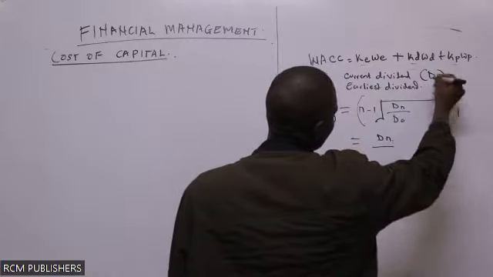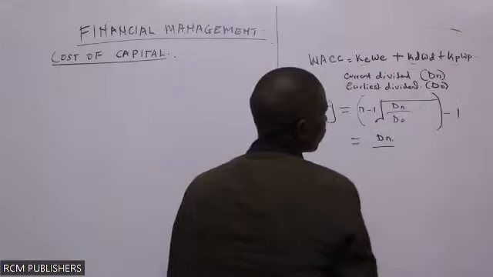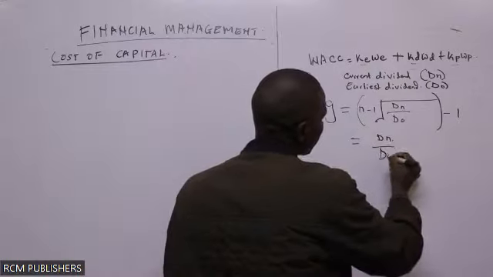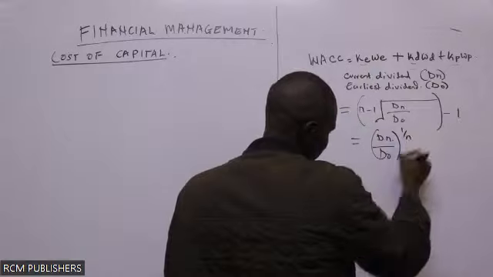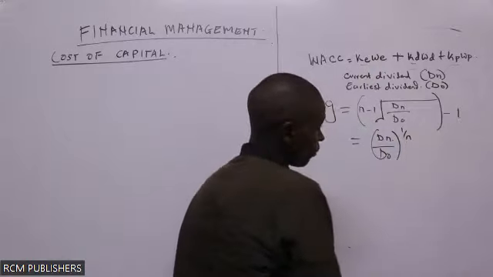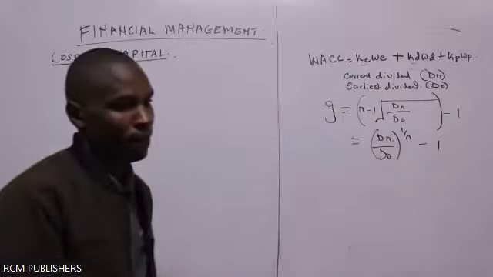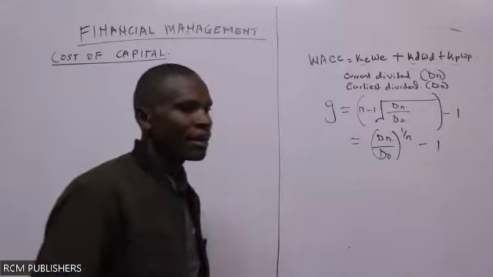Let me write everything so that you're able to understand. Dn over D0, raised to 1 over n, then minus 1.